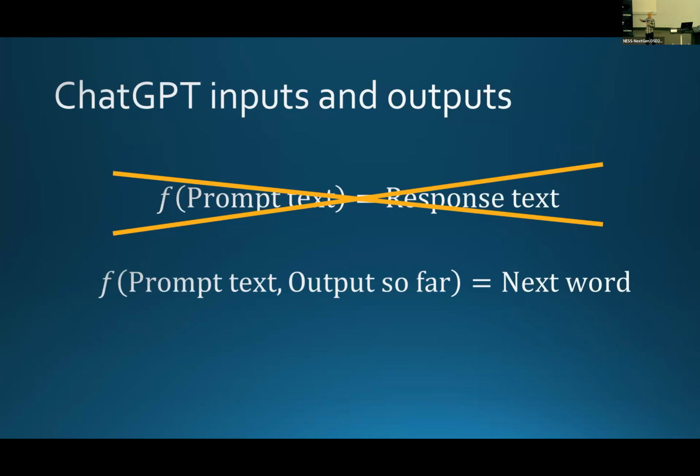So the way you should look at that model is more like this. What you're plugging in at first is your prompt, and well, you're not plugging this in, but the web interface that's talking to the OpenAI server is telling it, you have not yet sent any response to this user. So you get your prompt and an empty output so far. And what it sends back to the web interface that you're looking at is the first word of the answer.